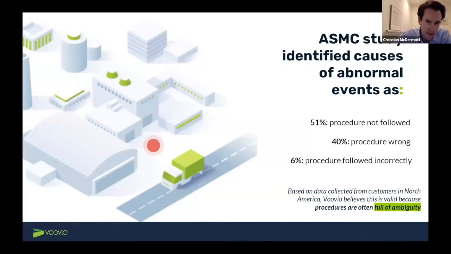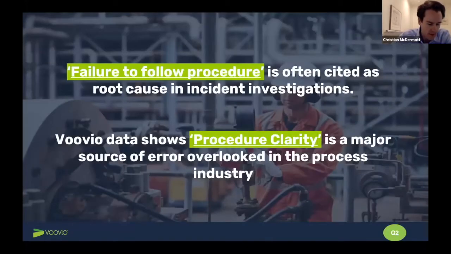So moving on to the next slide, we can see that a lot of incident investigations often cite failure to follow procedure as the root cause. However, we think that procedure clarity is more at fault. And the challenge is really about knowing how to execute a procedure as it was intended to be performed.